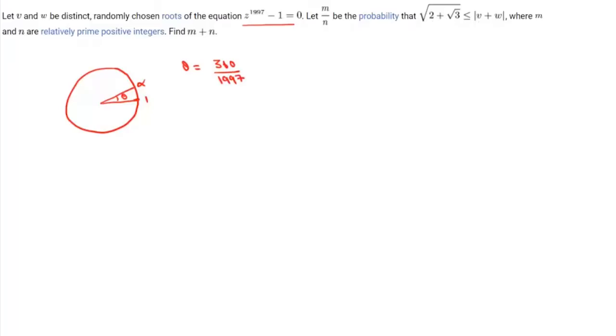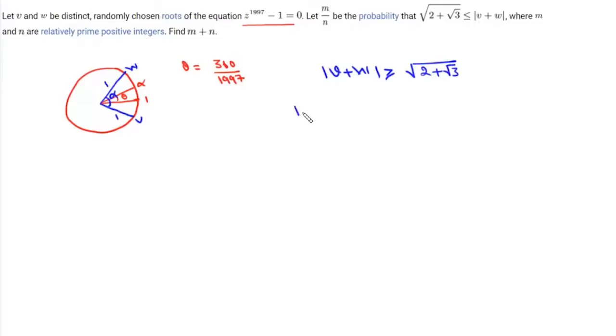Now suppose we have two roots, say v and w, and the angle between them is say alpha, then we can write mod of v plus w is greater than or equal to 2 plus root 3. Now we know that the modulus of a root of unity is 1.